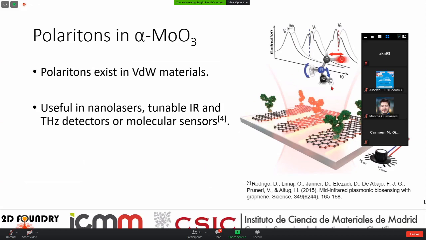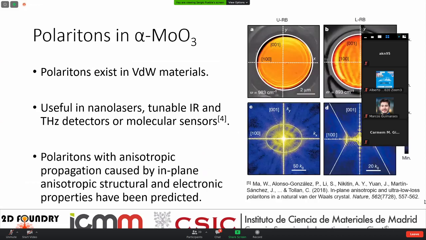For example, in this image, you can see a protein detector with a device made of fringes of graphene, and with the difference of frequency of plasmon polaritons. When these proteins pass along these fringes, you can detect them. These polaritons have been shown in this type of material.